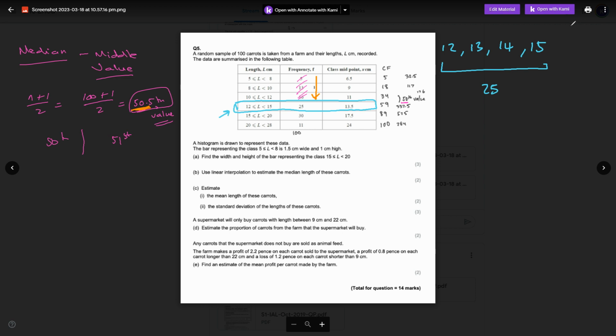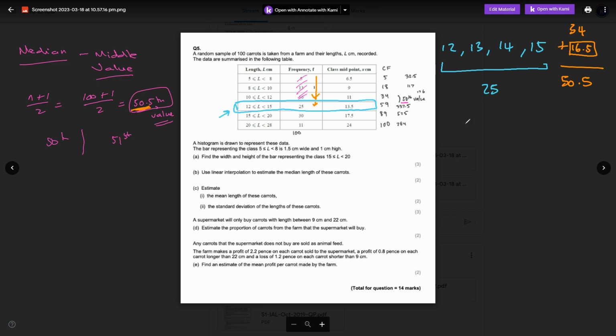So if I start off prior at 34, what number do I add to get to 50.5? So 50.5 minus 34 comes to 16.5. Okay, so 16.5 into this interval, I will hit the median. And that would get me exactly 50.5.